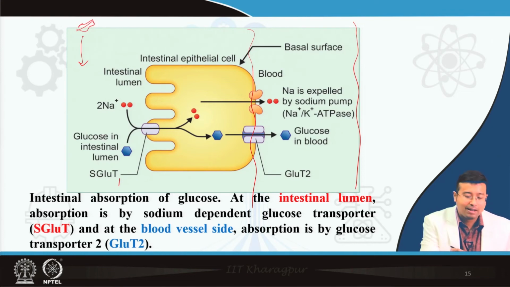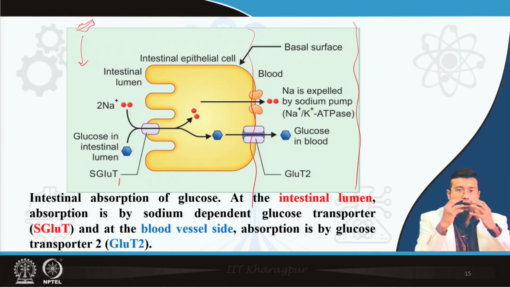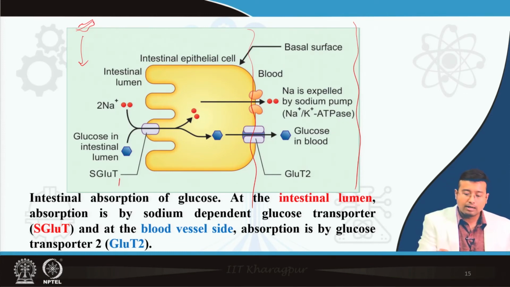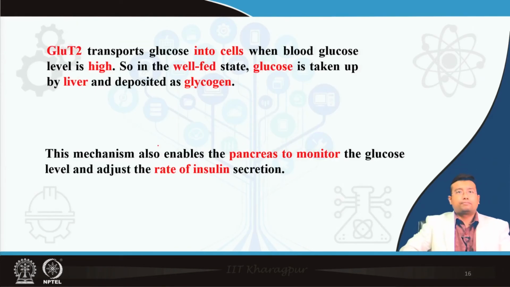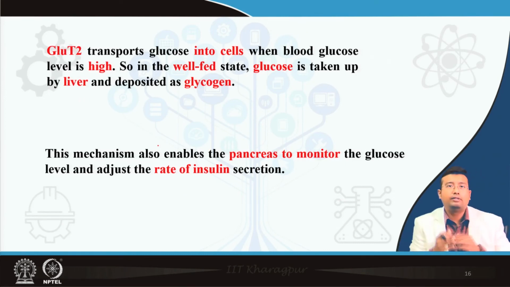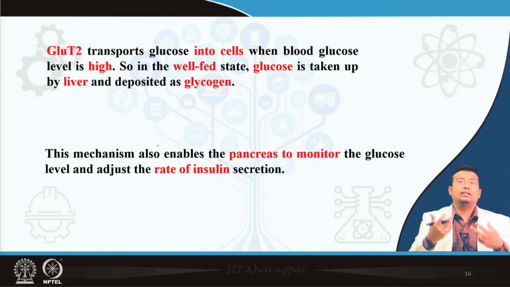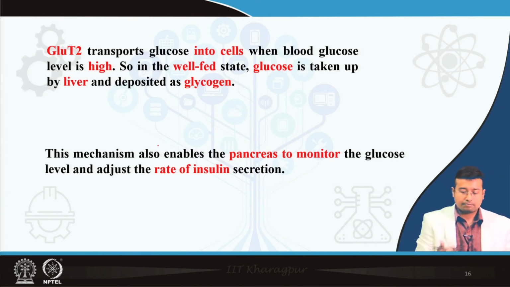So we took in the glucose, we chewed it, we digested it from the oral cavity, pancreas, and ultimately it has entered the brush bordered cells, gone via sodium dependent glucose transporter 1, and via GLUT2 into the bloodstream, right. The activity of GLUT2 is actually facilitated in the well fed state.